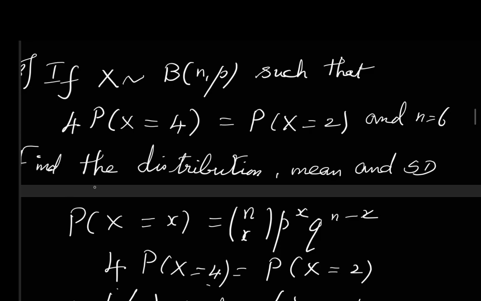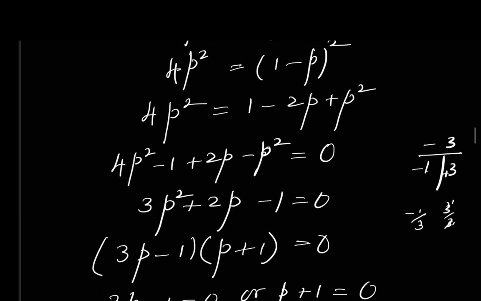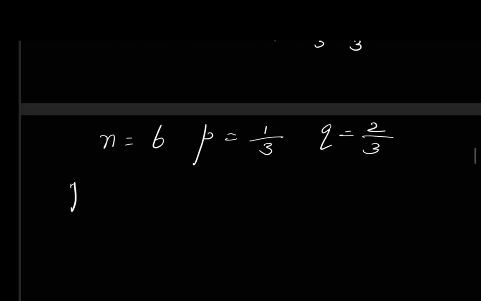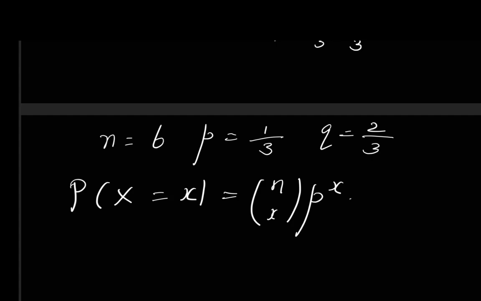So find the distribution, mean and the standard deviation. First you find the distribution function, because we know that n is equal to 6, P is equal to 1 by 3, Q is equal to 2 by 3. So distribution function P of x is equal to nCx, P power x, Q power n minus x.